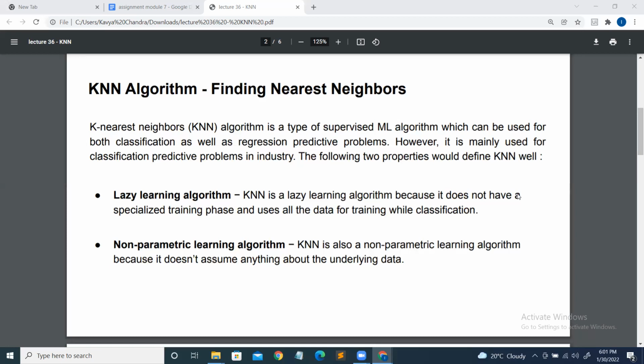There are very limited numbers of parameters, and there are no underlying assumptions of linearity or anything else. As long as the data is numerically represented in any way, it works.